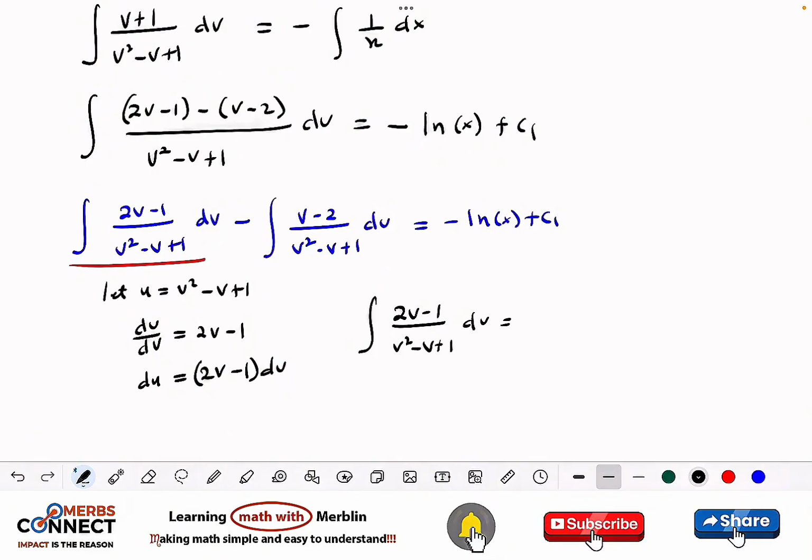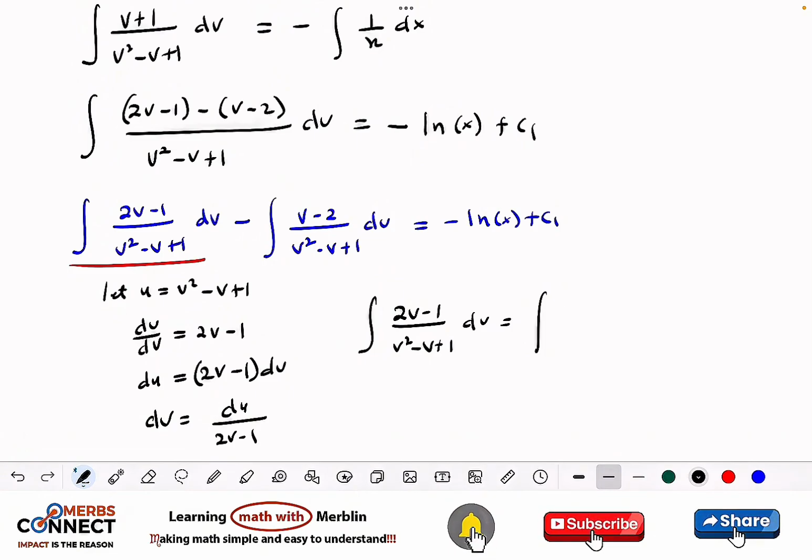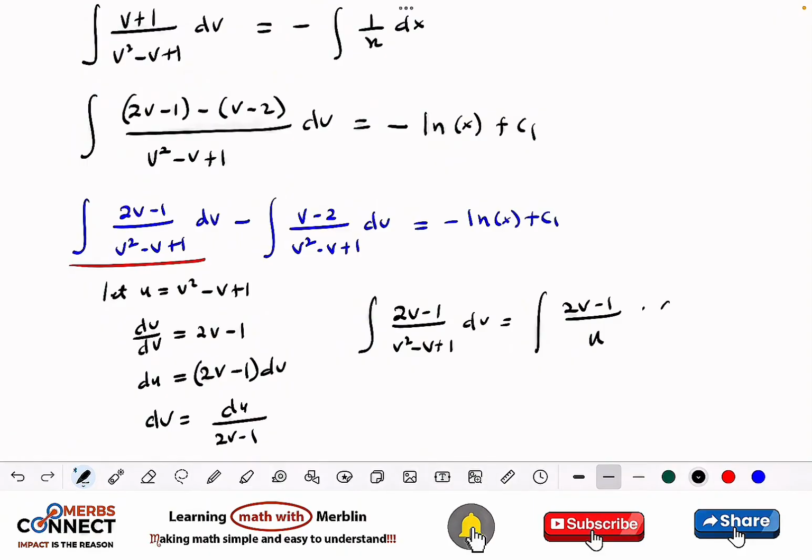Now you see that du is the same as 2vn minus 1 dvn. So I can write dvn as du divided by 2vn minus 1. So this is going to be 2vn minus 1 divided by u, because everything here is u, times du divided by 2vn minus 1, and this guy will cancel this guy.